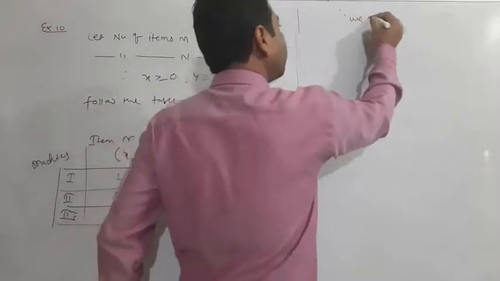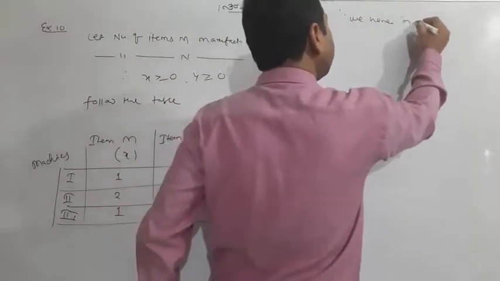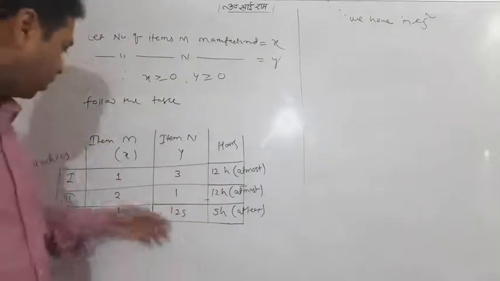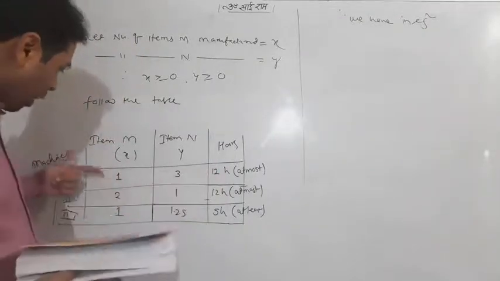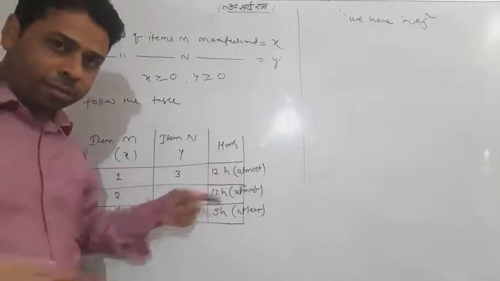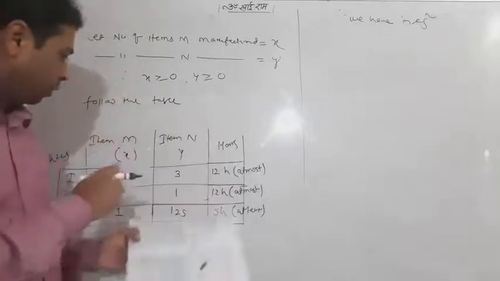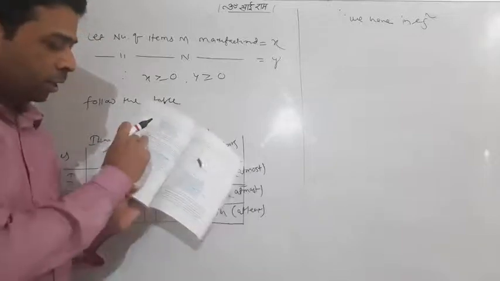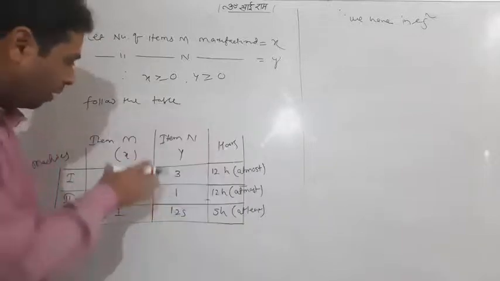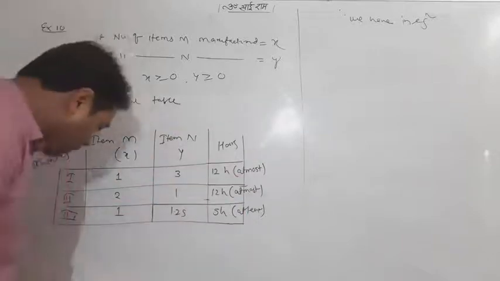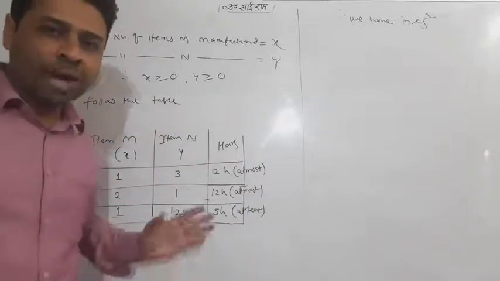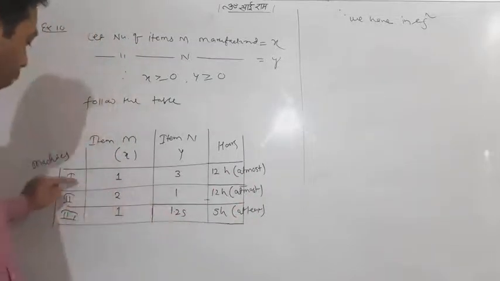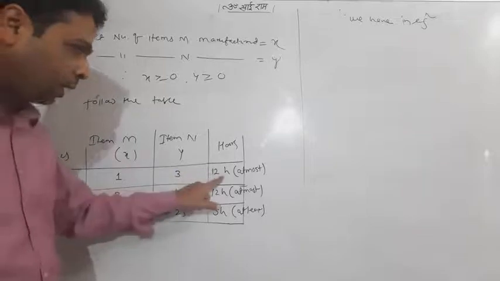So we have inequalities. What inequalities will we have? In the book it was given horizontally, but I arrange it vertically, though it's the same as the practice we had till now. For machine 1, what is the available hour? 12 hours at most.